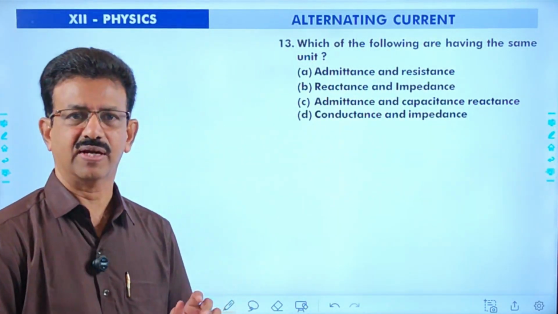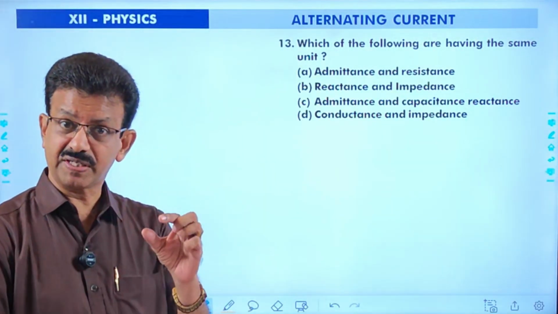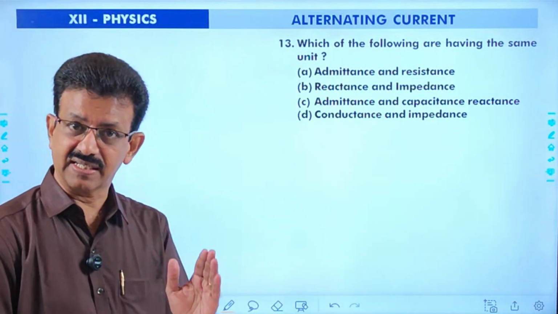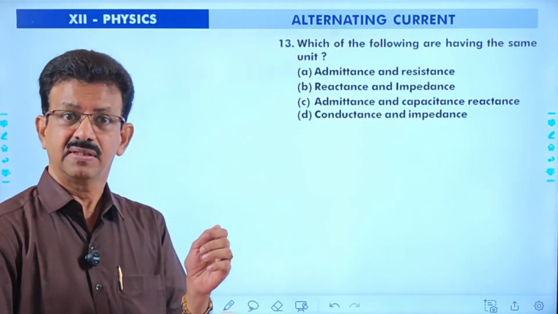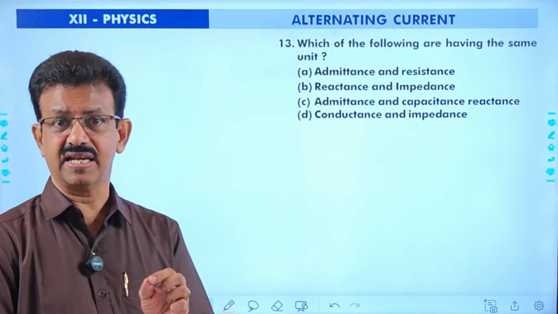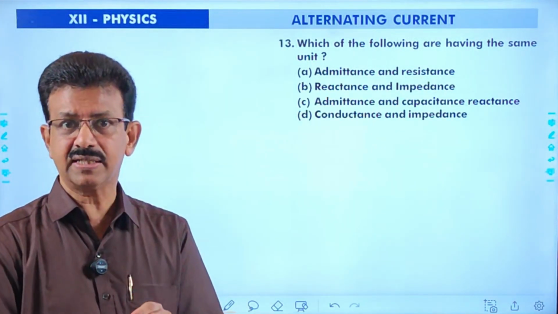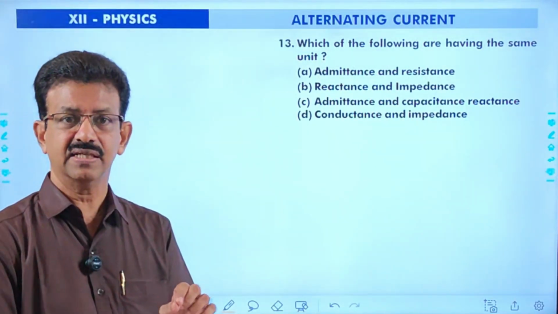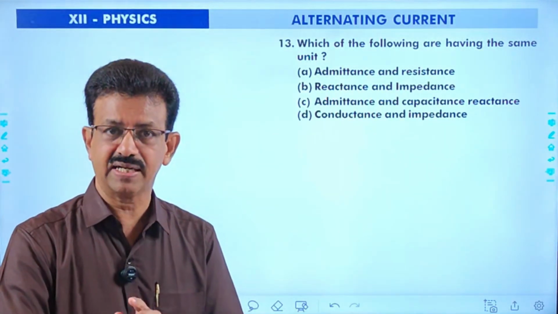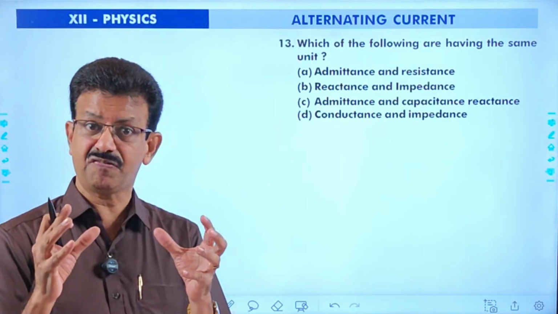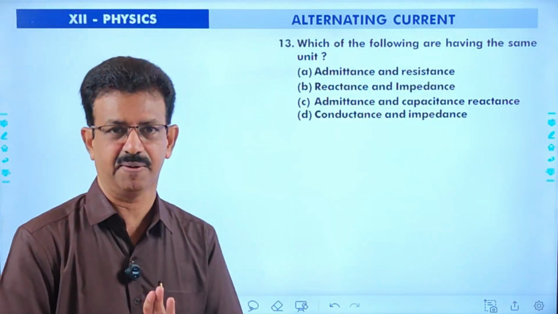Admittance and resistance. Okay. In an AC circuit, the resistive effect is offered by a resistor, inductor, and a capacitor. The resistive effect offered by the inductor is called inductive reactance, and that offered by a capacitor is called capacitive reactance, and the net resistive effect of the entire circuit is called impedance of the circuit.